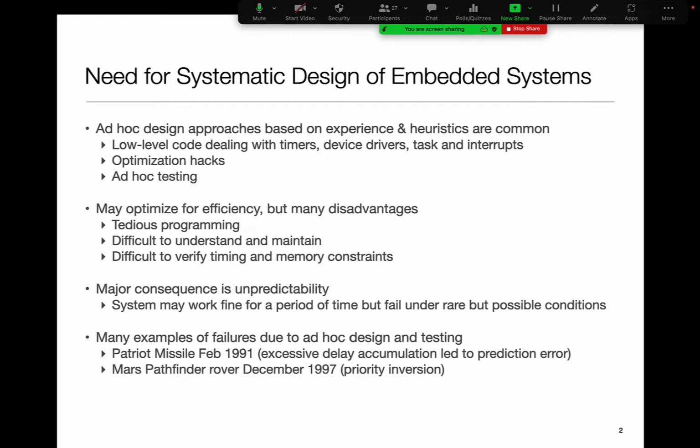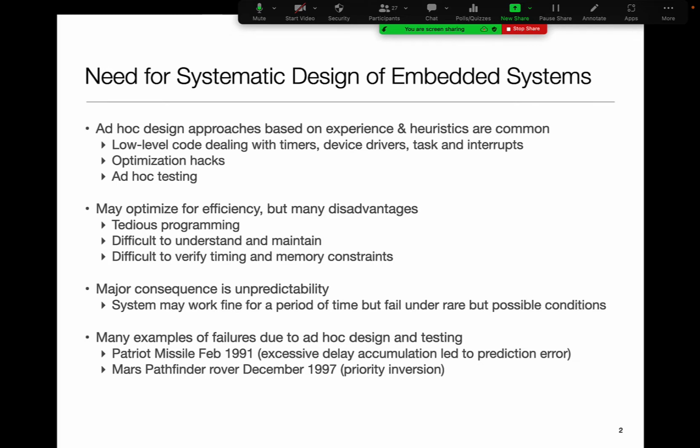So design tools, silicon compilers and VLSI design tools, and their counterpart on the software side, compilers, have a job that is not simply to compile the code, but to compile the code under constraints, so that there is assuredly a certain level of performance. Because if you don't, then at runtime, under some circumstances, the system may fail.